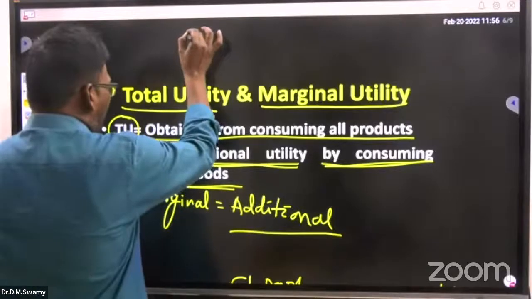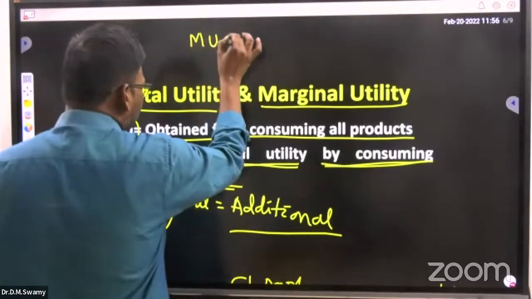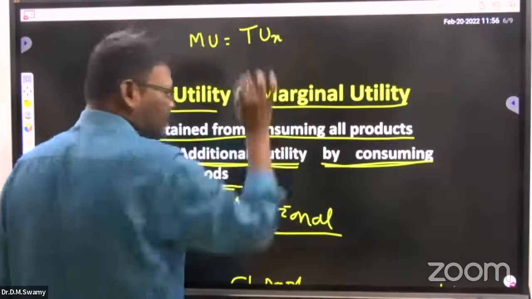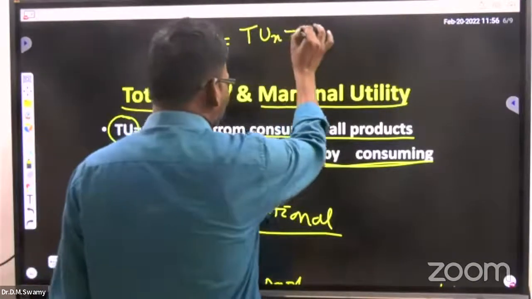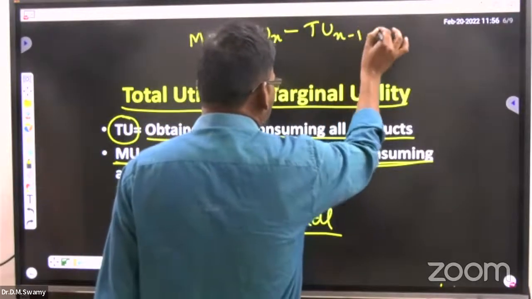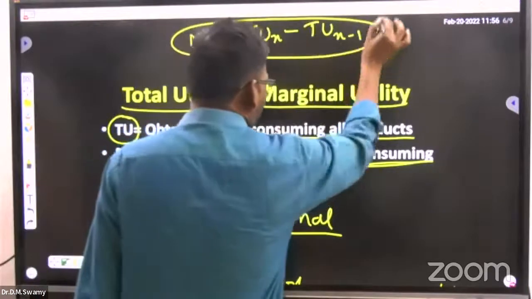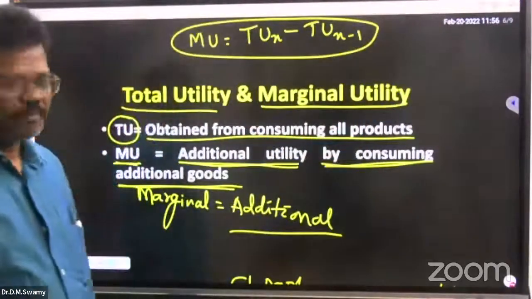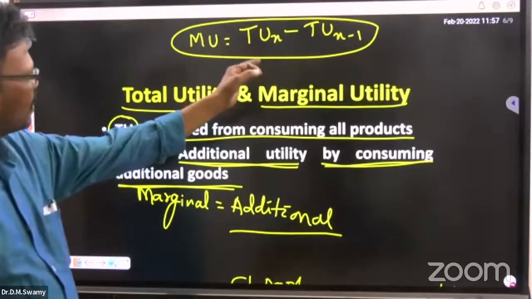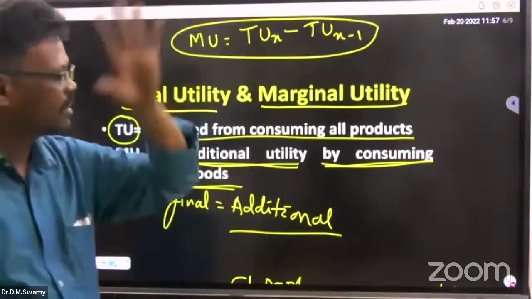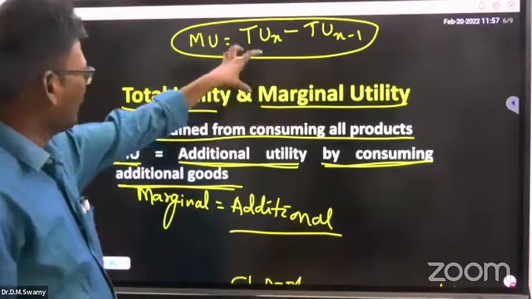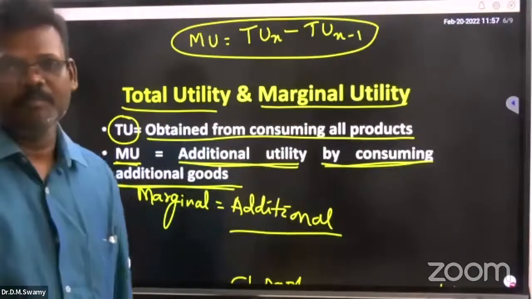That's why marginal utility means total utility of n commodities minus total utility of n minus 1 commodities. That is what we are discussing here.